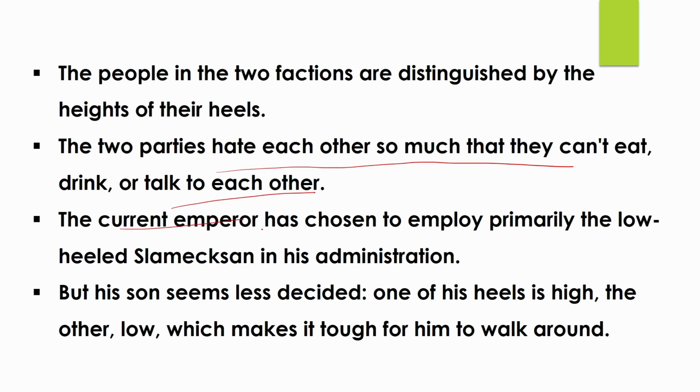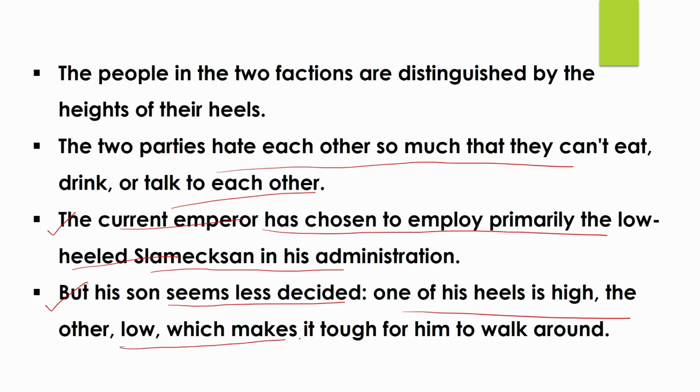Reldresal tells Gulliver that the current emperor has chosen to employ primarily the low-heeled Slamecksan in his administration. He adds that the emperor himself has lower heels than all of his officials, but his son, the heir to the throne, seems less decided. One of his heels is high and the other low, which makes it tough for him to walk around.